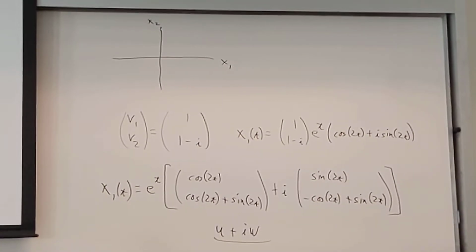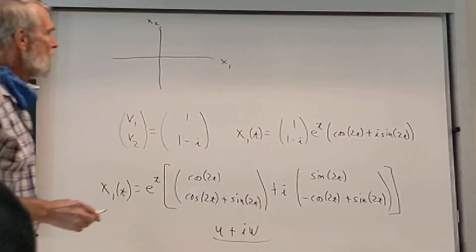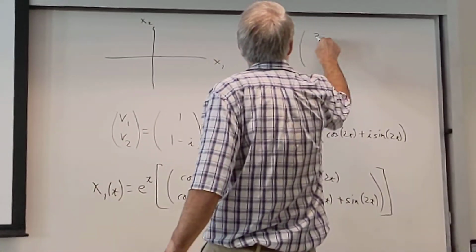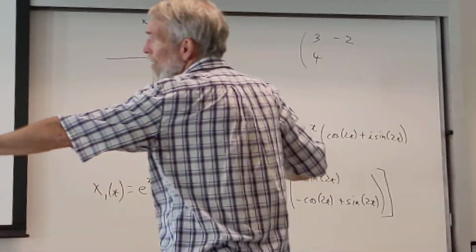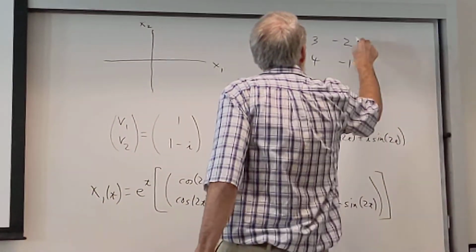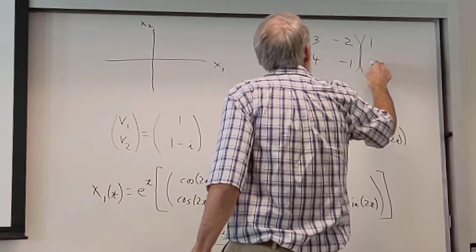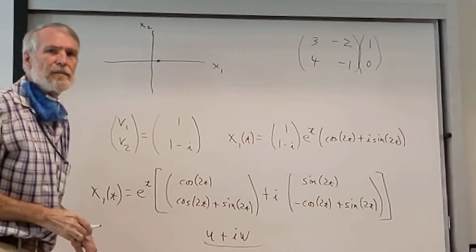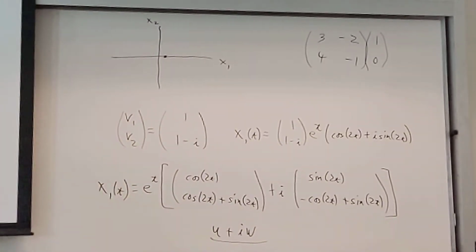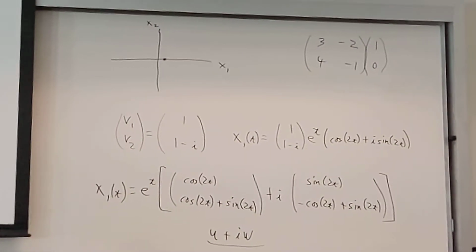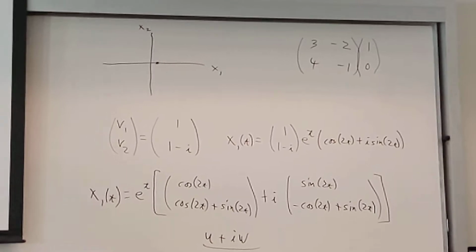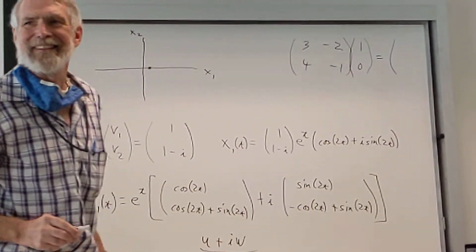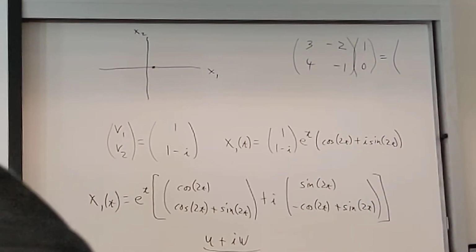To show you this calculation, again the A matrix up there, 3, minus 2, 4, minus 1. Suppose I take a vector sitting here at 1, 0. Everybody agrees it's sitting there on the x1 axis. Multiply times that matrix. What is that multiplication? We get 3, 4, right?